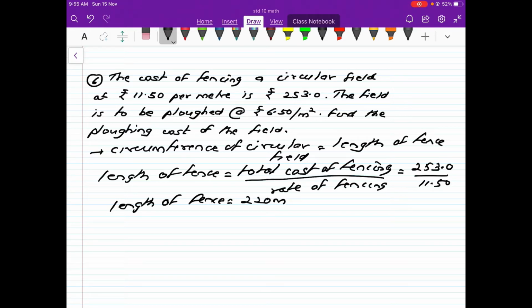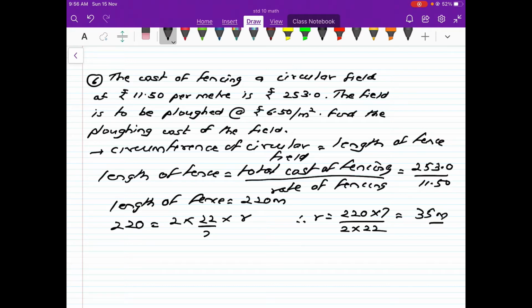Now we do not know the radius, so we will equate this 220. This is the circumference, and this is equal to 2 into pi into r. R is the radius. So r is equal to 220 into 7 upon 2 into 22. So we are getting this as 35 meters.